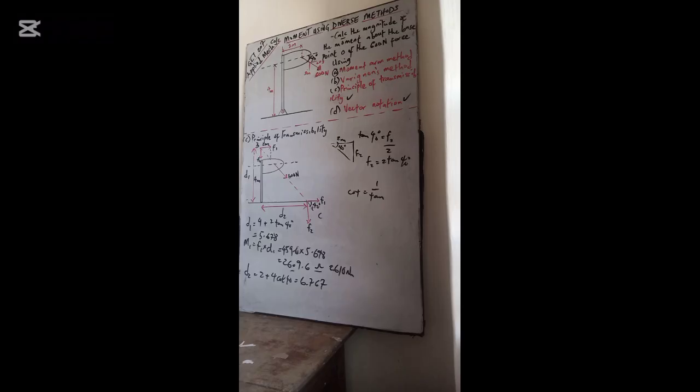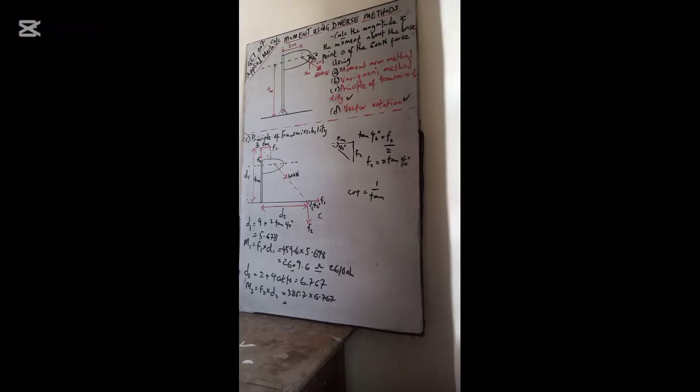So now you can use your second moment, which is going to be F2 multiplied by d2. Our second force was 385.7 multiplied by 6.767. Let's calculate that.